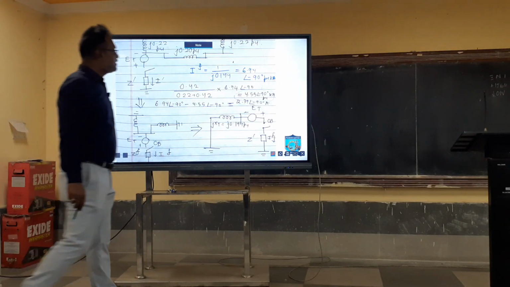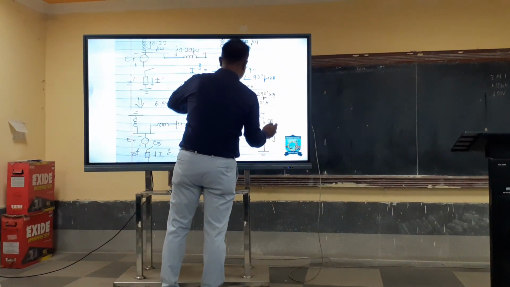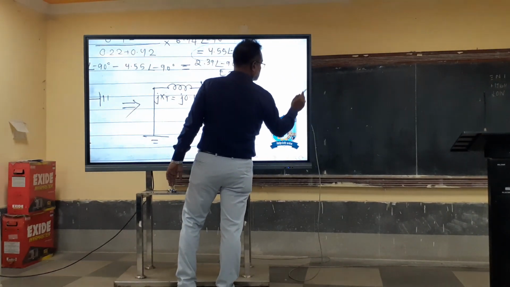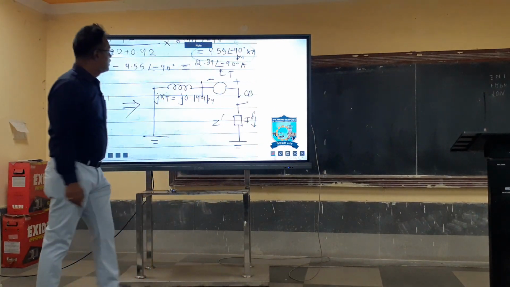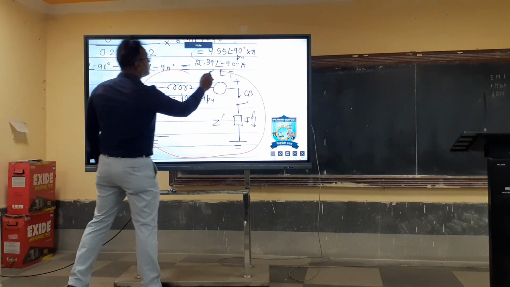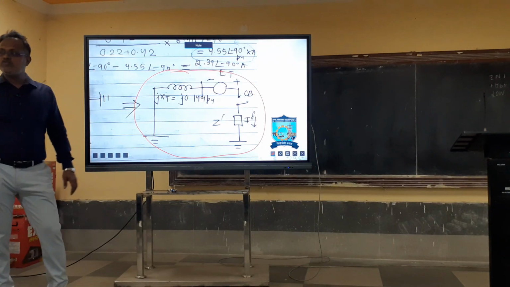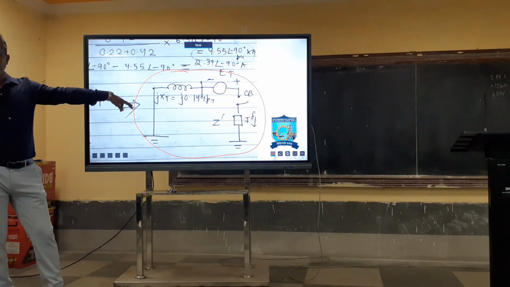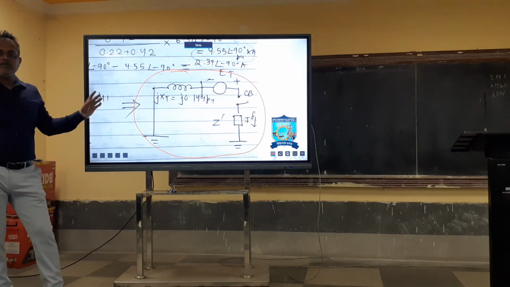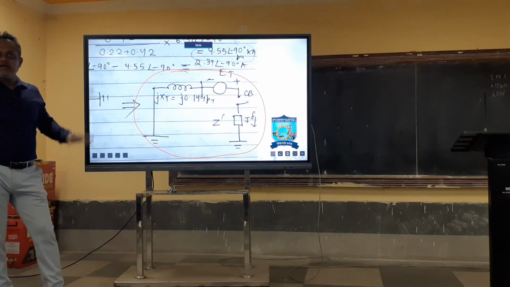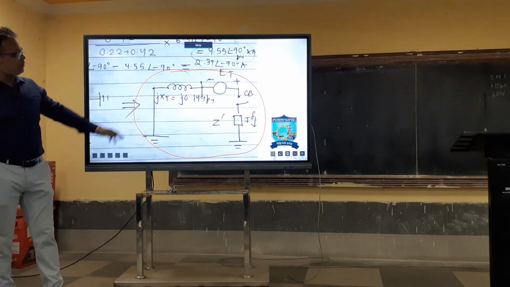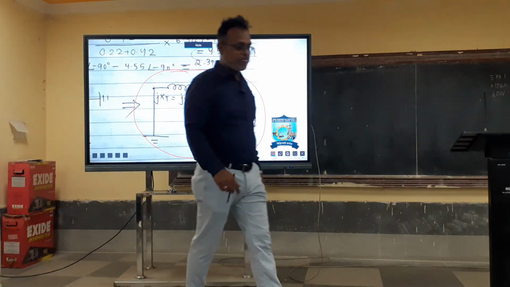After application of the Thevenin theorem, the network reduces to this circuit. The steps in between I have not detailed; I have given them in the slides. In the exam, if this question comes, you have to do the in-between detailed steps also. But for now, you draw this only.